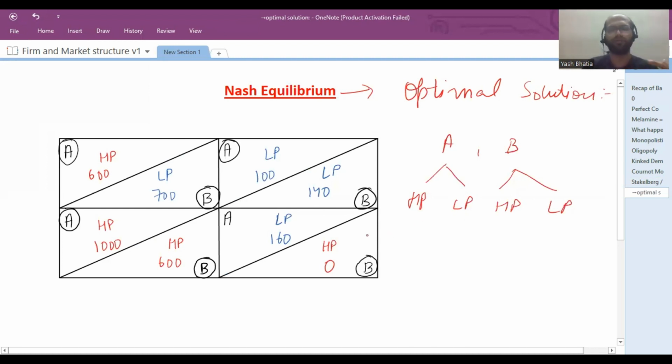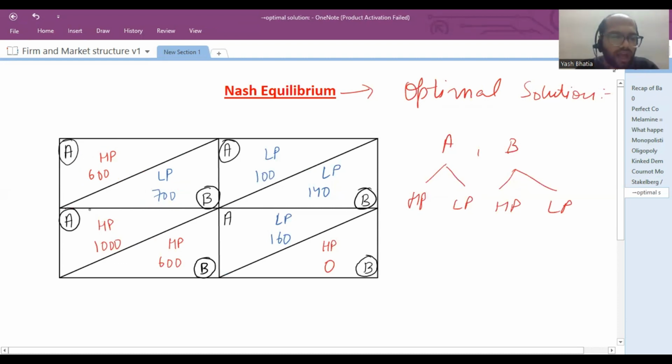So I've made a few scenarios on the basis of this. If you look at this first quadrant, which is this area, you will see it is a scenario where A is charging high price and, I assume, earning a profit of 600. Okay, and B is charging low price and earning a profit of 700.